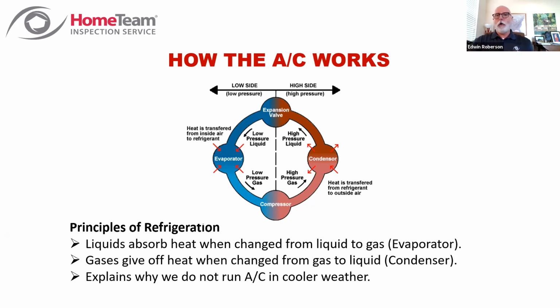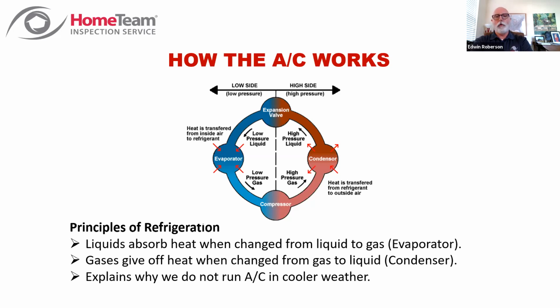As you blow air across it, it's absorbing the heat from that air and changing in the process. It's changing from a liquid to a gas. In other words, the heat in the air is making that refrigerant evaporate from a liquid to a gas. And then you transfer that outside where you're giving off that heat and changing it back from a gas to a liquid.